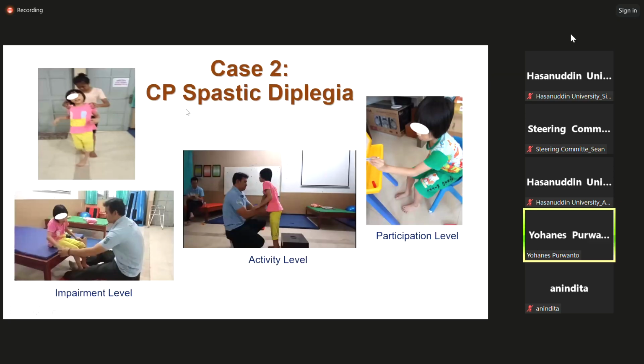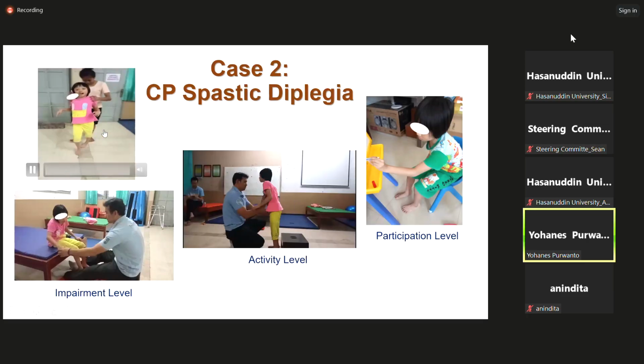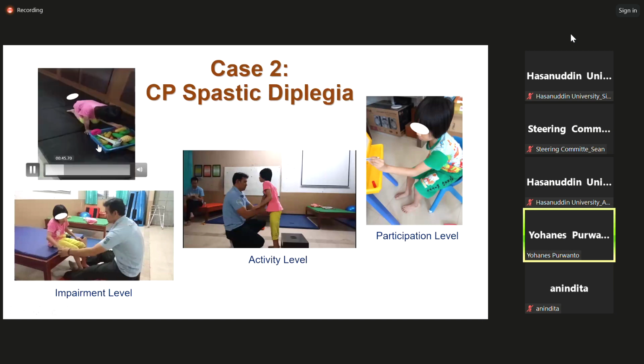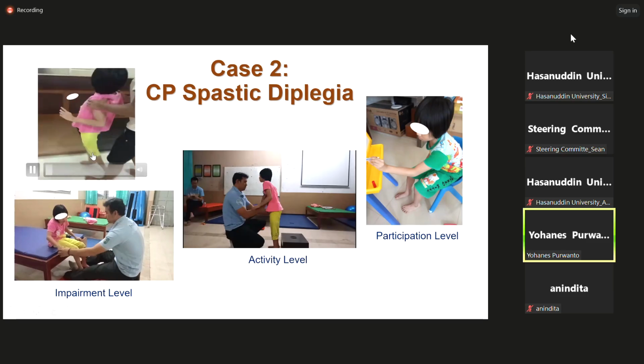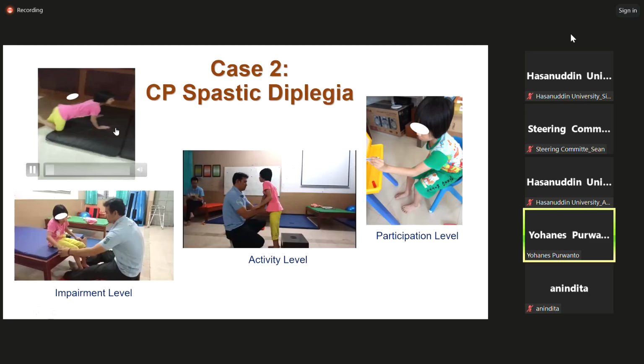Case number 2 is cerebral palsy spastic diplegia. She first came to our clinic with seizure. This is typical of diplegia, with plantar flexion, tiptoeing, and bunny jump.